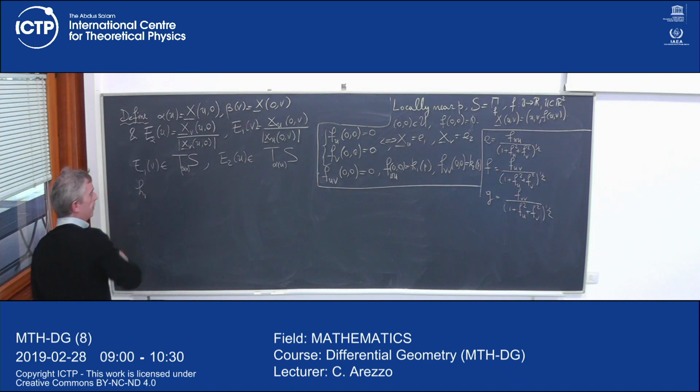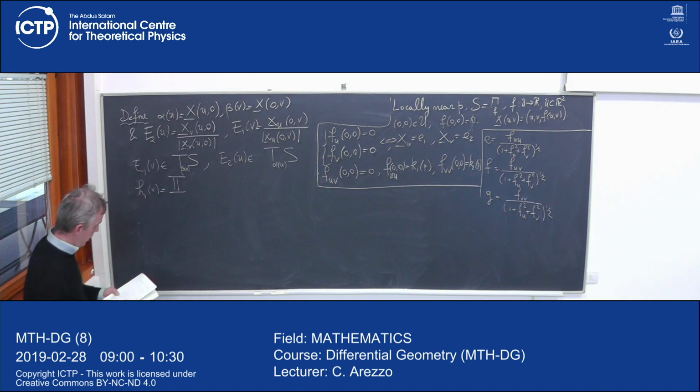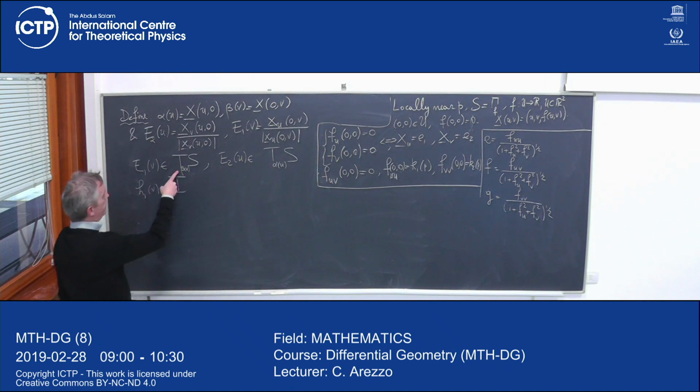So let me define a function, h1 of v, to be the second fundamental form at the point beta of v. So just try to be consistent with these 1 and 2. So h1 will be kind of the second fundamental form in the direction e1, okay? But if I want to do it in the direction e1, I am at the point beta of v.